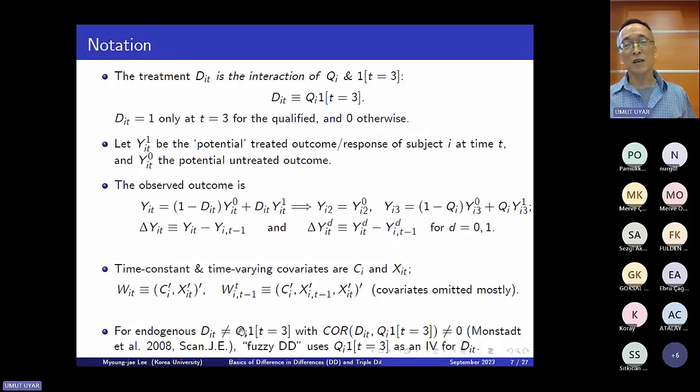In this case, you can apply IVE, instrumental variable estimator, where this interaction term can be used as an instrumental variable for the treatment. But again, this is a digression, and I'll stick to this basic framework today.